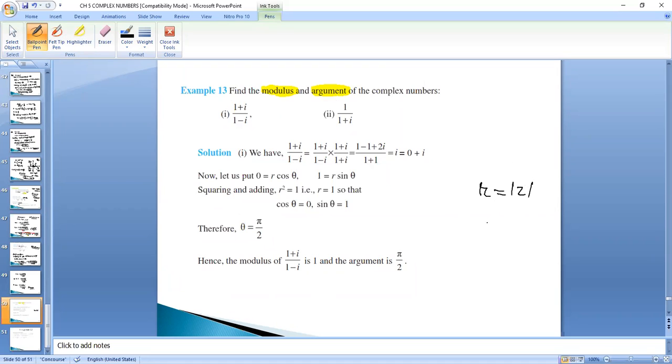And argument is your theta, right? Theta is your argument. So if the question comes, find the modulus and argument, that means you have to find z modulus or r, and you have to find the value of theta. R is equals to z modulus represent modulus, and theta represents argument. Okay.